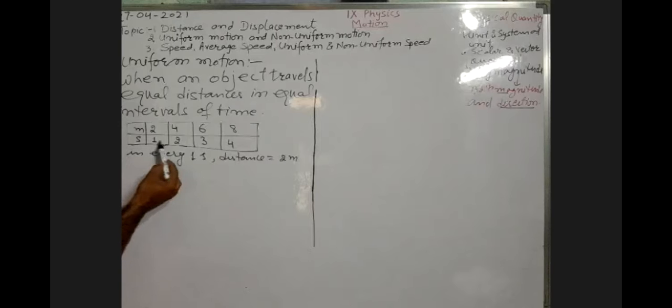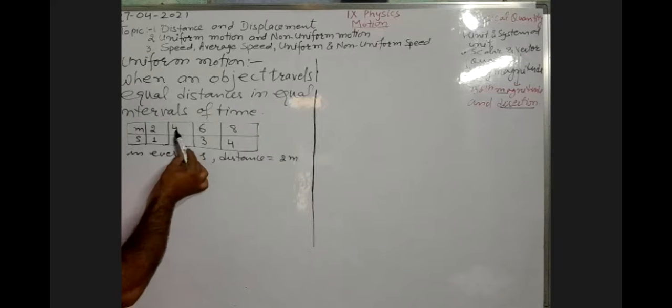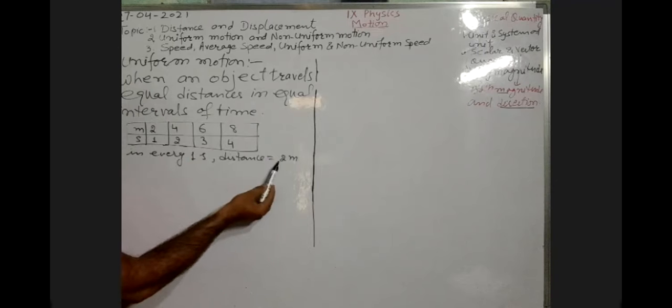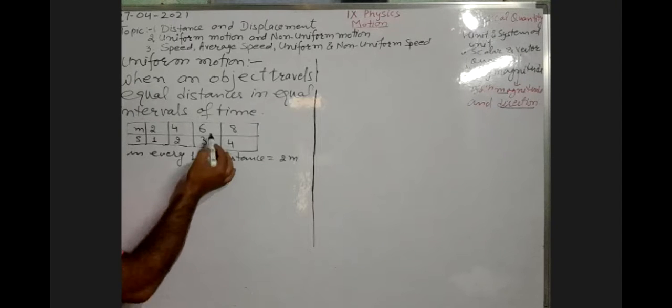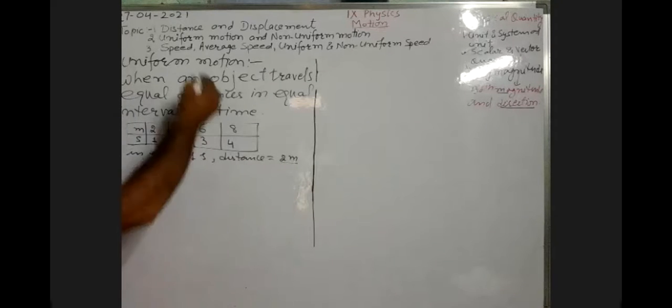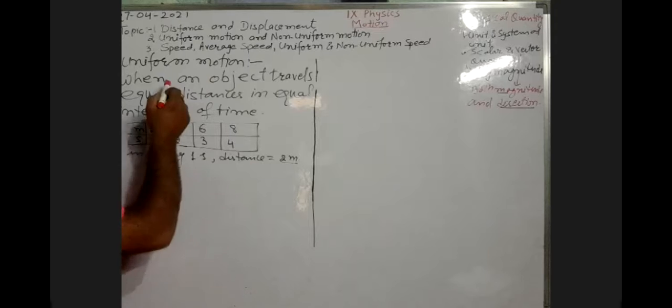From 1 to 2, again 1 second, and the distance traveled from 2 to 4 is 2 meters. From 2 to 3, the time is 1 second, and the distance traveled from 4 to 6 is again 2 meters. From 3 to 4, the time taken is 1 second, and the distance traveled from 6 to 8 is also 2 meters.